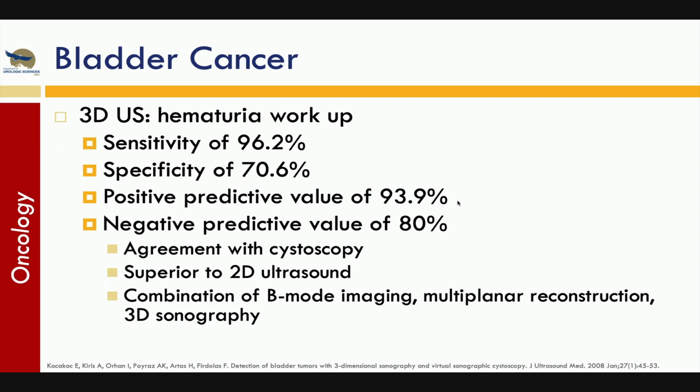And also in the bladder cancer world, 3D ultrasound has been looked at a lot. And in this one study for run-of-the-mill hematuria workup, they found that certainly 3D ultrasound was far better than 2D ultrasound in identifying the tumors, which is kind of an intuitive conclusion, but they went further, and they looked at what they diagnosed on 3D ultrasound and compared it with cystoscopy, and it was remarkably close to what they saw endoscopically.